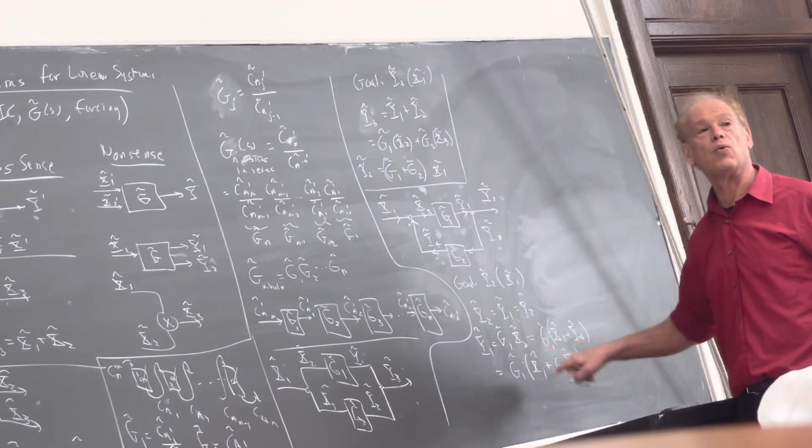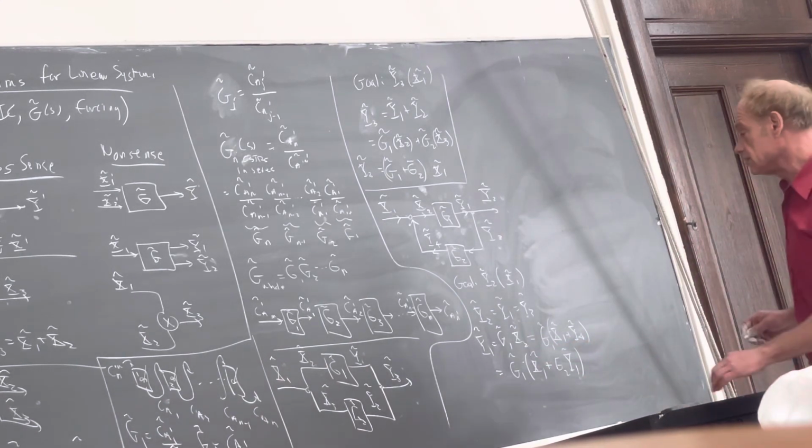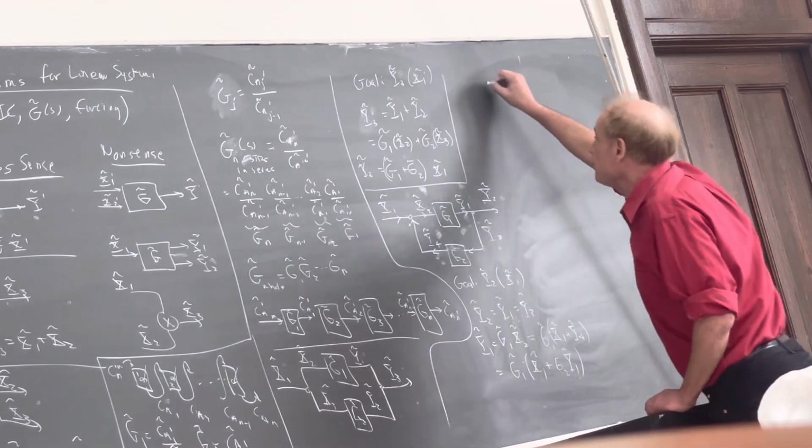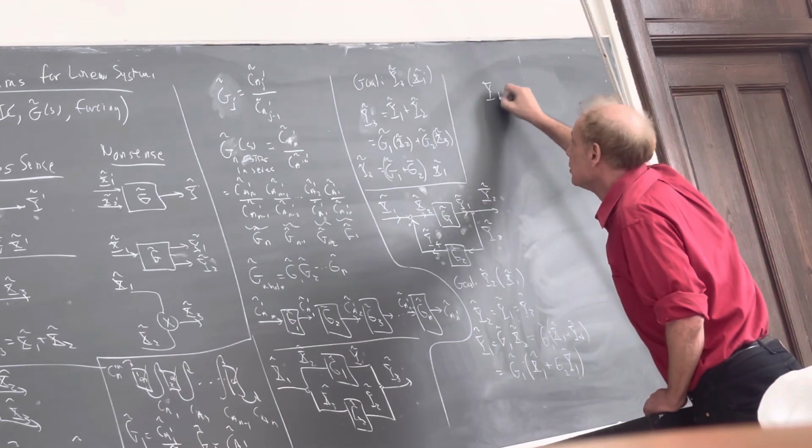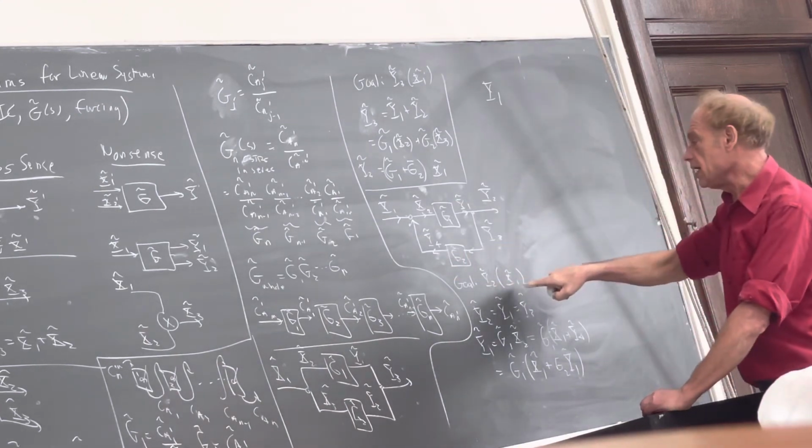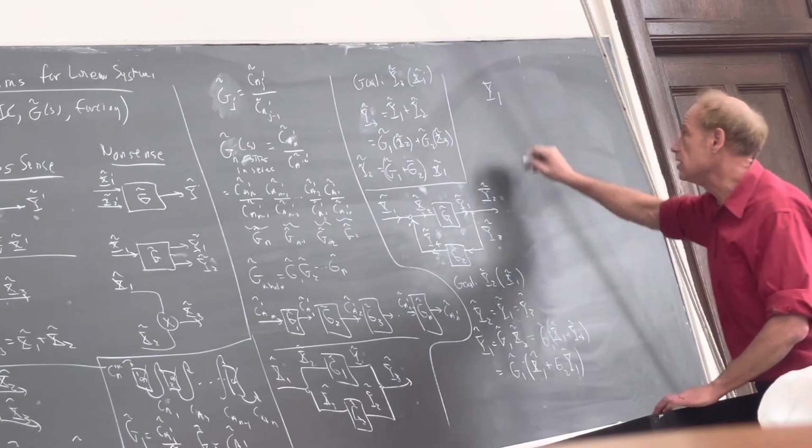I've got y1 on both sides. If I solve for it, I find that y1, my goal, remember, I want to get y2. Fine. So y1 is the same as y2.